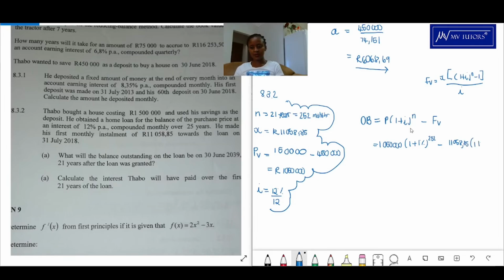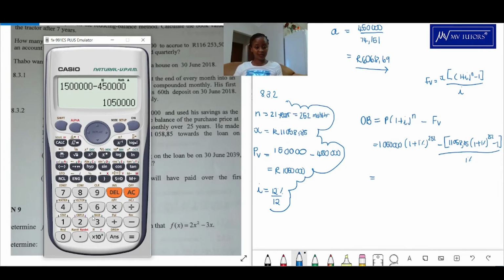Is everything going to fit? 1 plus 1%, 252 minus 1, all of that is closed up, and then all over 1%. Okay, let us work it out. So we have 1,050,000, times 1 plus 1% to the power 252.